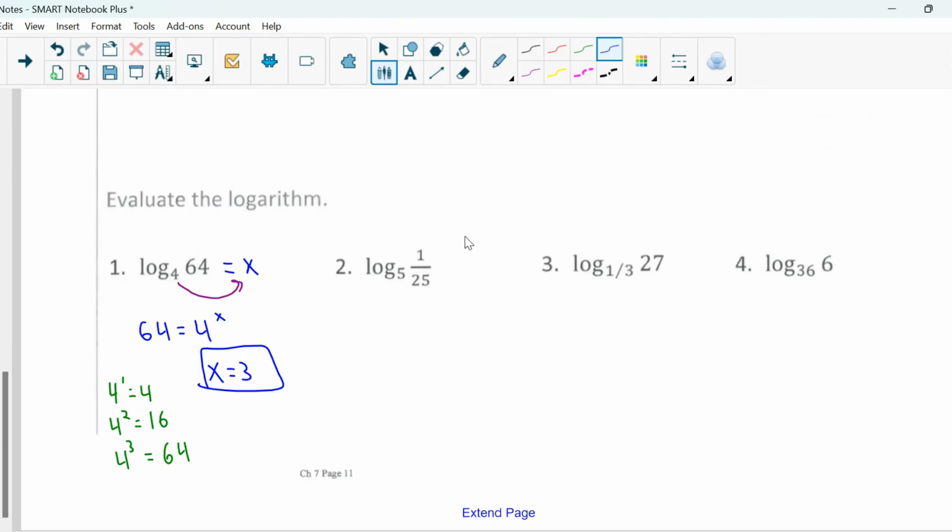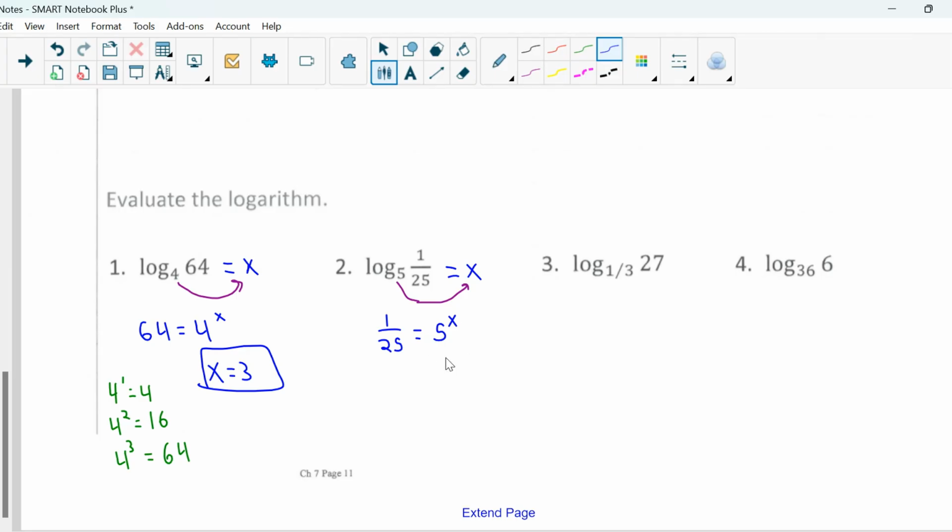All right, we can also do those with fractions. Same rules apply. Set it equal to x, then rewrite it as an exponential. So I've got 1/25 equals 5 to the x power.